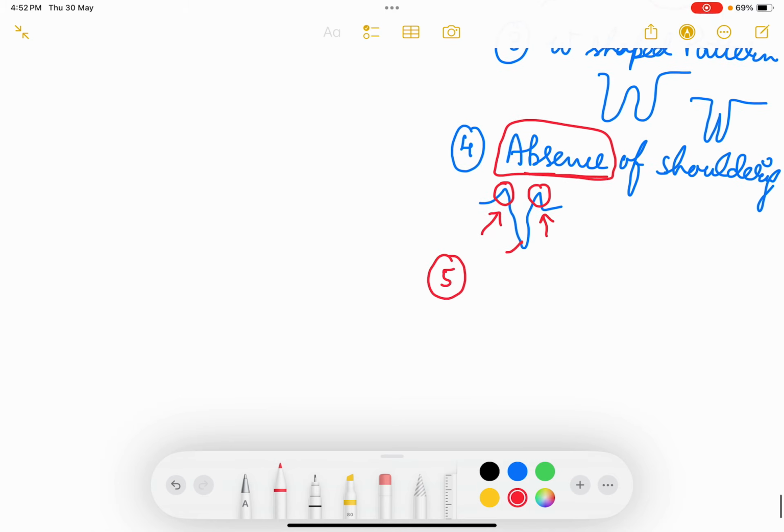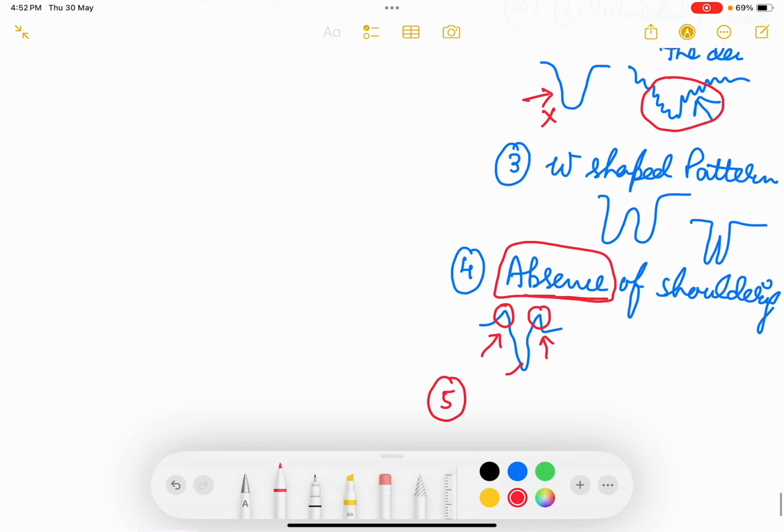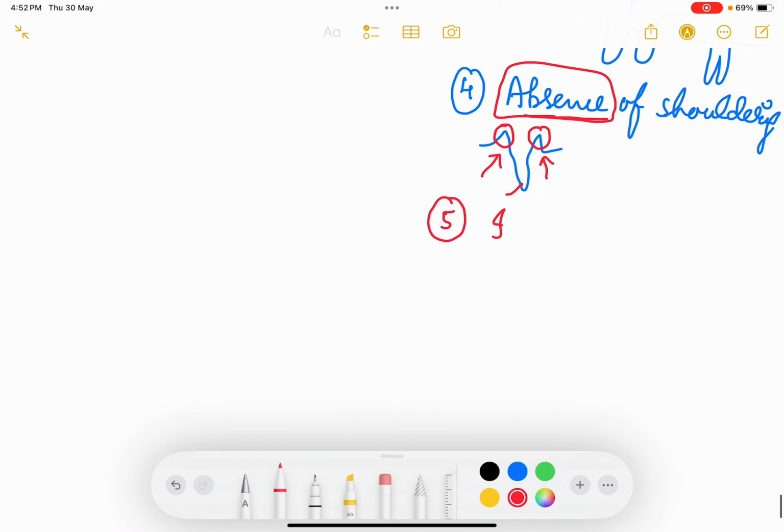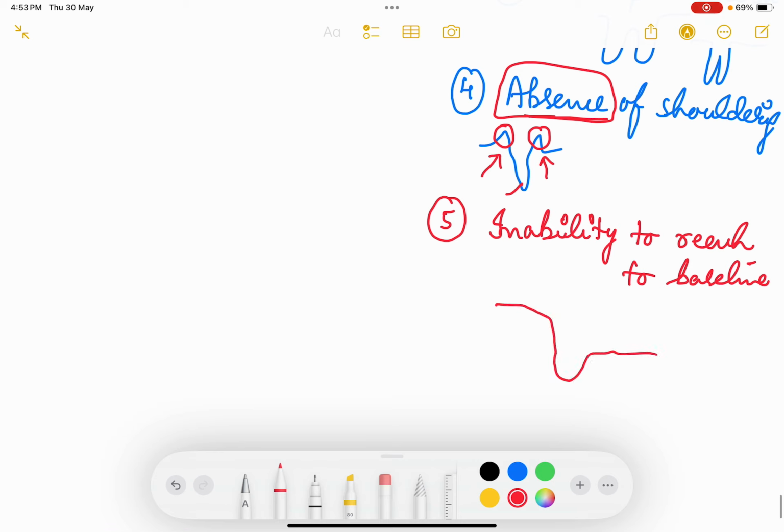Number 5 is inability to reach baseline. What do you mean? A deceleration has come, and after the deceleration the fetal heart rate never came back to normal. Then it is called inability to reach baseline.